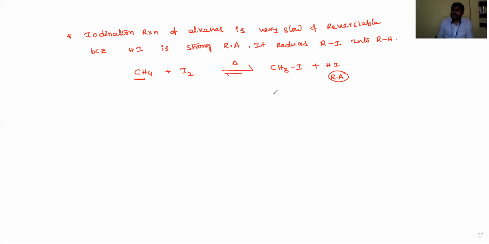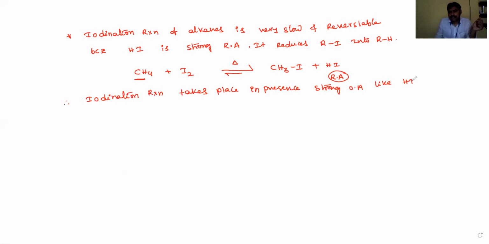To stop this reversibility, iodination reactions take place in the presence of strong oxidizing agents, like HNO3 or HIO3, iodic acid or nitric acid.